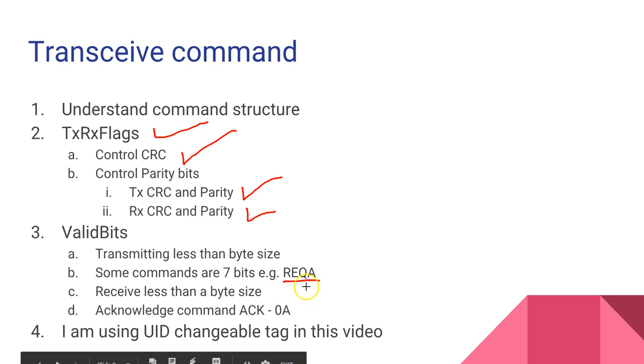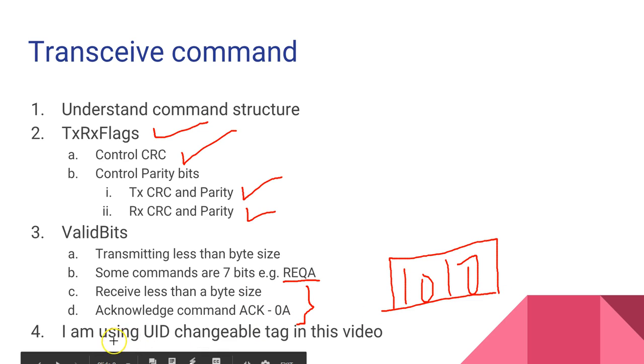Also, some of the responses from, say, the MIFARE tags send you a response which has just 4 bits. It's 0A, it just sends you 1010. So you are getting 4 bits of response. Again, there's no parity here, there's no CRC here.